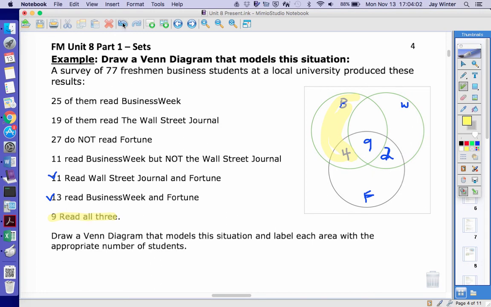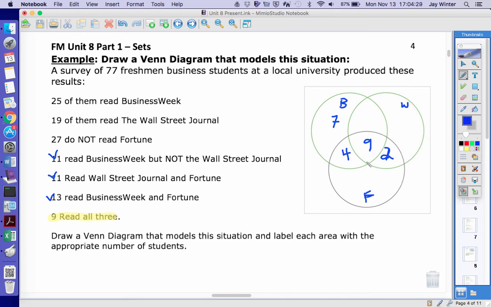And that's where I get this particular highlighting from for just a moment. So I'm going to get rid of that. Now that we know where it is, I know that 11 students read Business Week but not the Wall Street Journal, and if 4 of them are already accounted for in this part of the wedge, then the other 7 still need to be accounted for right there. And now we're getting closer to our goal here.